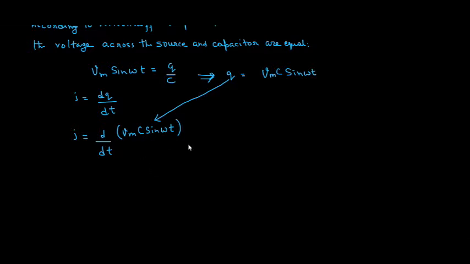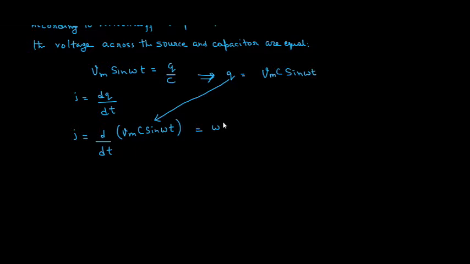Now upon differentiation, I = ... if we differentiate Vm C sin ωt, we get Vm C cos ωt, and if we differentiate ωt with respect to t, we get ω.